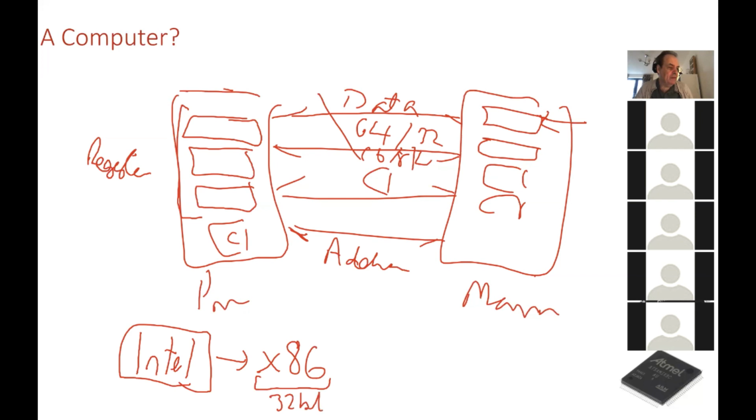Well done. Or x64. What a horrible mess we've ended up with. So we run programs that either run on a 32-bit model or a 64-bit model. The 64-bit model is obviously faster because we can process more data.